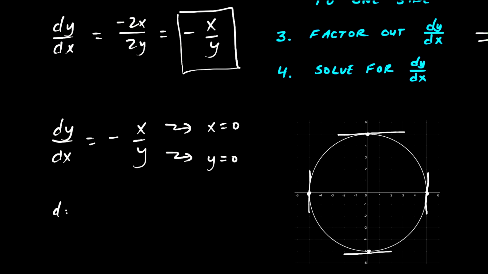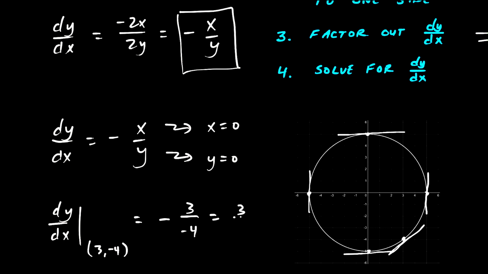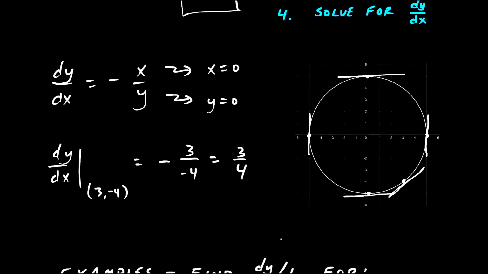For example, if we had to evaluate dy/dx at, let's say, the point (3, -4), because we can see that's a point on the circle with a radius 5, and we want to find that slope or the equation of the tangent line, we simply substitute in. So we'd have negative, and here we have 3 over -4. So we end up with a slope of positive 3/4. So we can do everything we've done with other derivative applications with implicit functions.